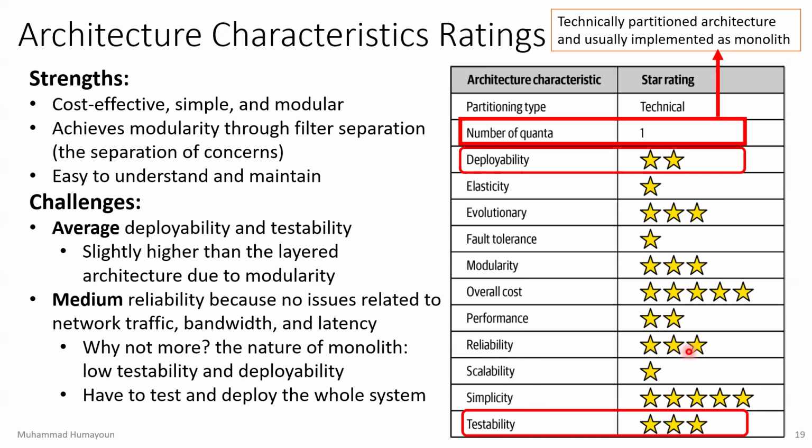Why? Because it doesn't have any issue related to network traffic, bandwidth, and latency. Why not more, like 4 stars or 5 stars? Because it is still a monolithic architecture. So it cannot go in reliability more than 3 stars, because testability and deployability are still the bottlenecks.